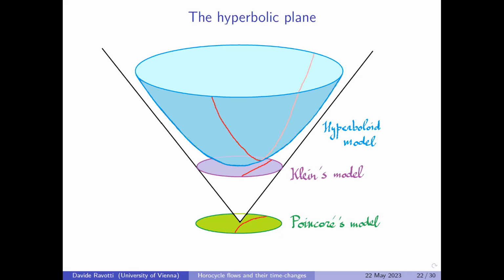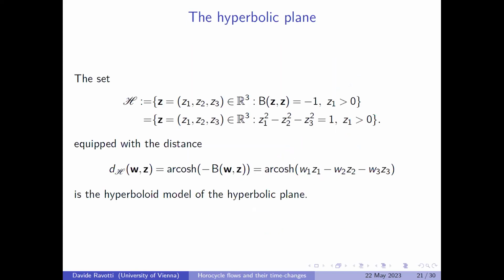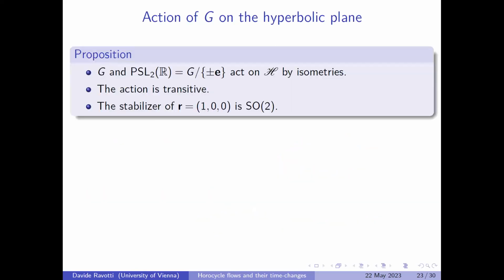Anyway, what we care about is that we have this set with this distance, which is a model for the hyperbolic plane. And we have that G was acting on that set by conjugation. And we can actually prove the following: that G acts on that set by isometries.